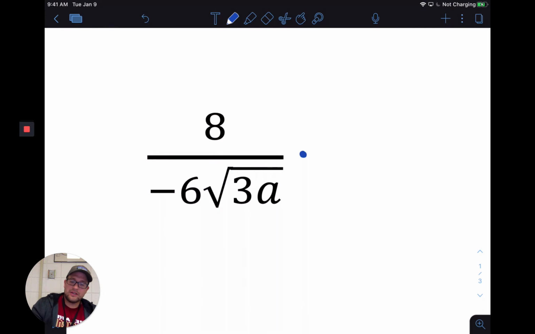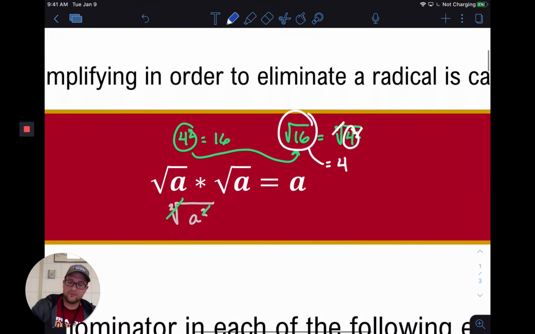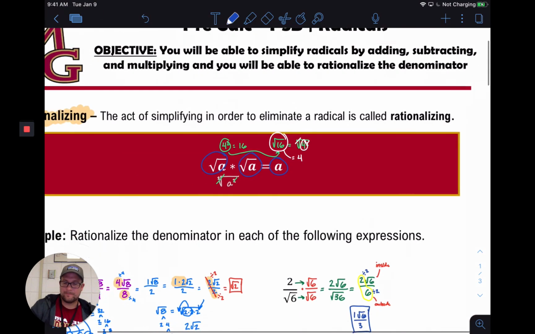So in order to get rid of a square root, as we saw in this first rule up top, you need to multiply it by the same square root. Essentially, those two square roots are going to cancel each other off, and we'll be left with whatever was inside.